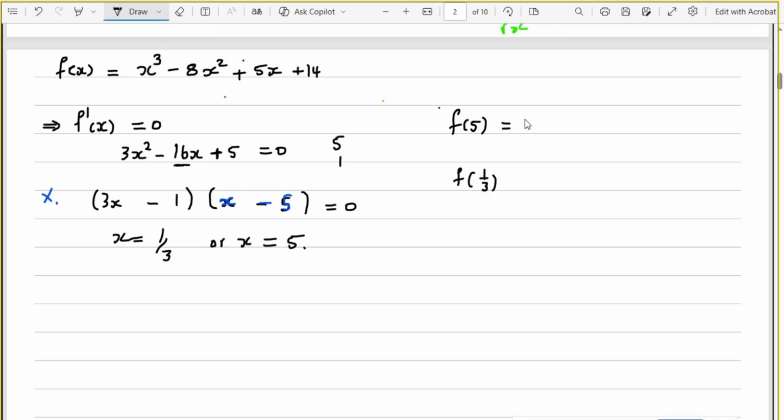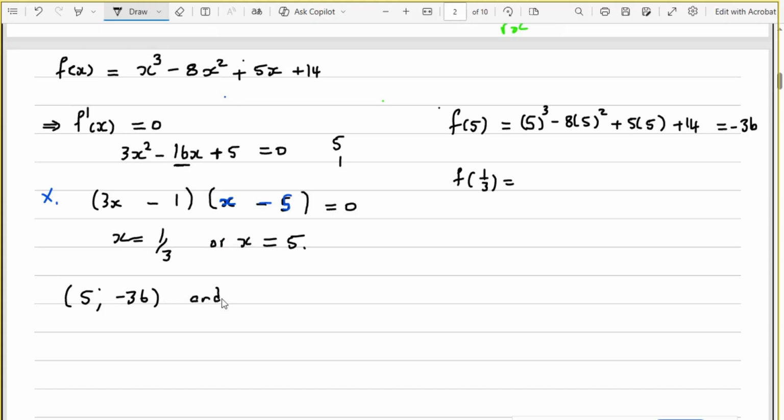So f at 5 will be 5 to the power 3 minus 8 into 5 squared plus 5 into 5, and then plus 14. That's going to give you negative 36. So this tells you that the first point is 5 and negative 36.